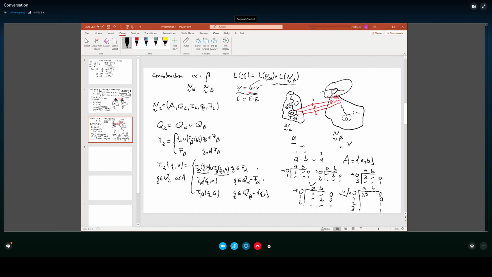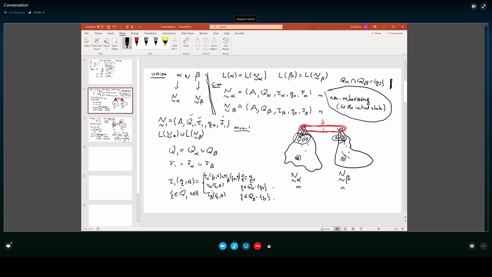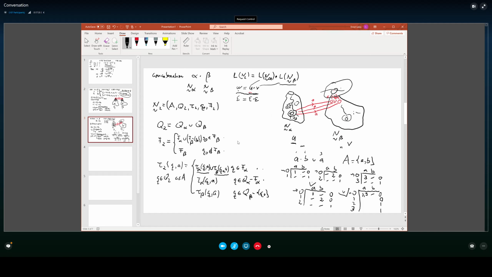And nothing. And everything else, if you look at that definition, everything else is simply copy. Nothing new happens, and therefore we do this. And so 1 is nothing, 2. 2 is nothing, nothing. 3 is nothing, nothing. So this is now the automaton for A concatenated with B union A.